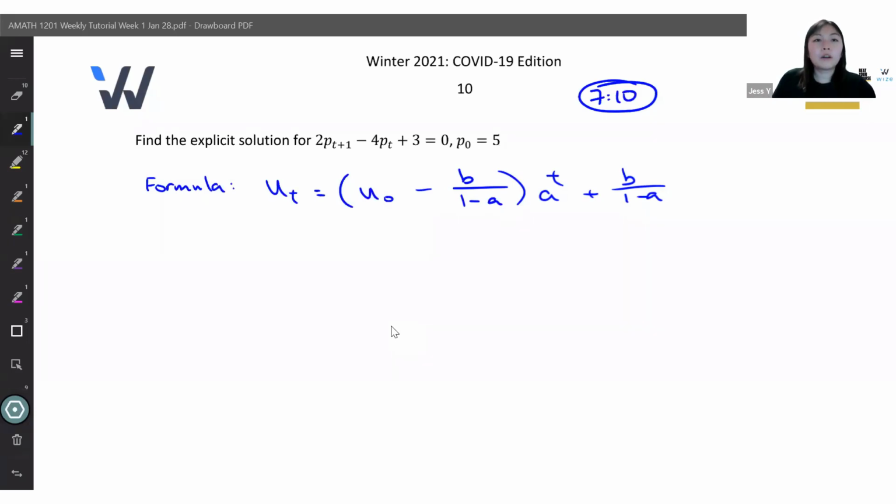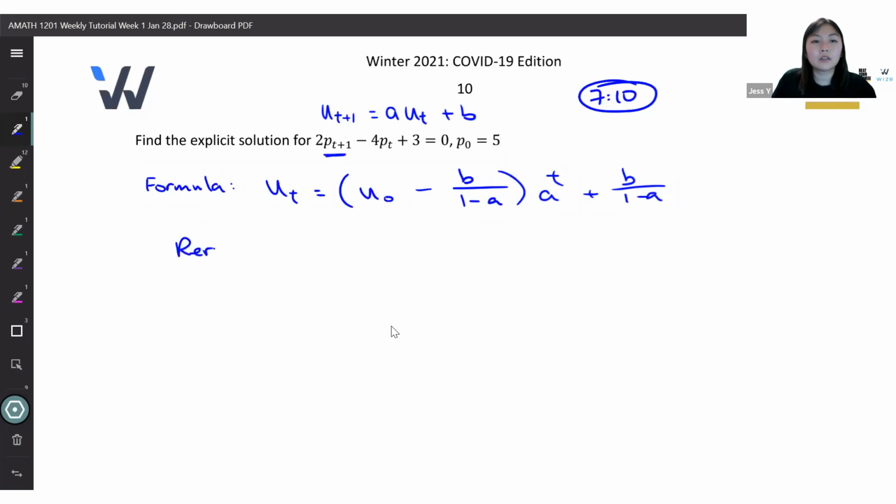Okay, so we want to find the explicit solution to this recursion model. Be very careful. This recursion model is not in the form u sub t plus 1 equals a u sub t plus b. We need to first rewrite it in this form before we can use the formula. So the t plus 1 term has to be on the left-hand side.